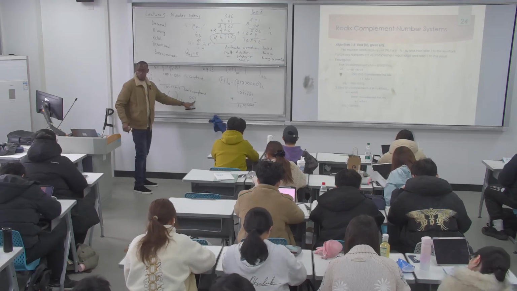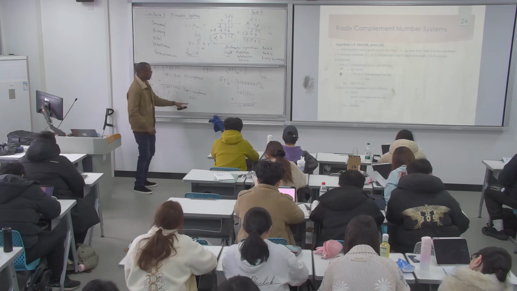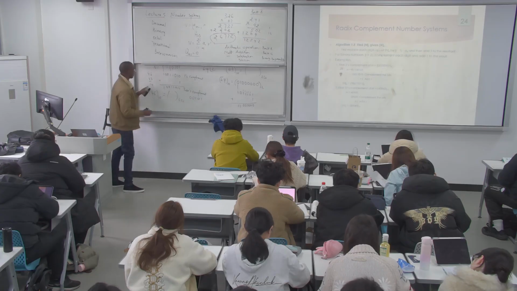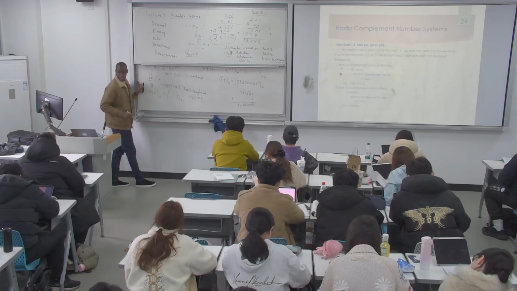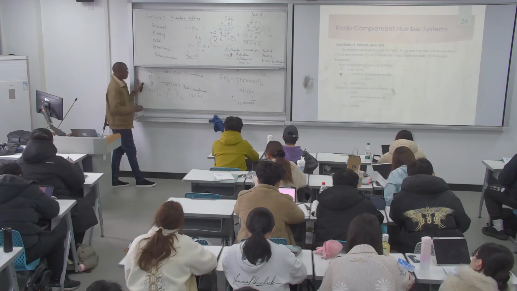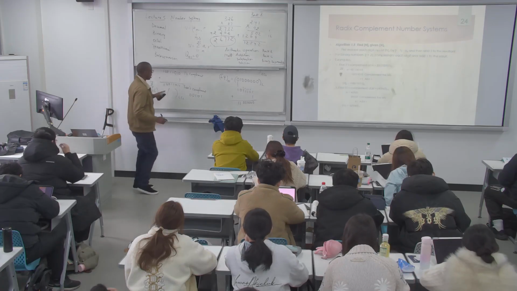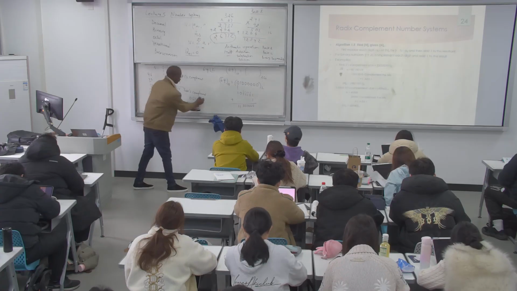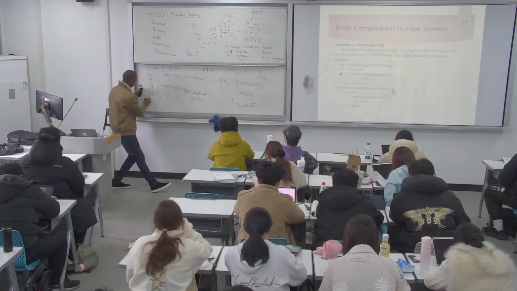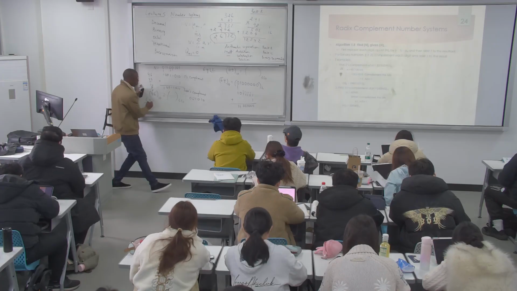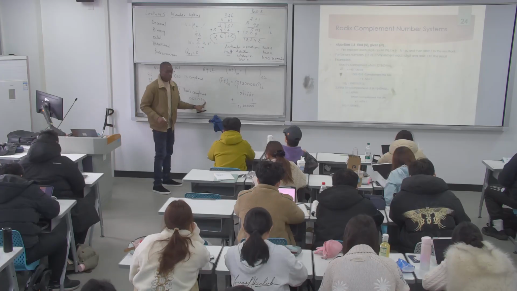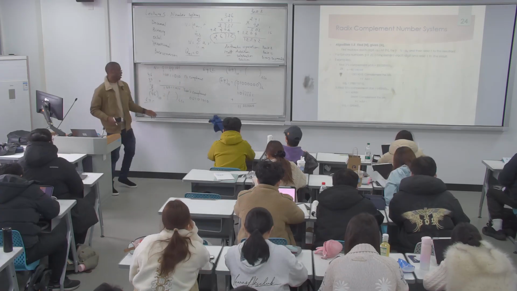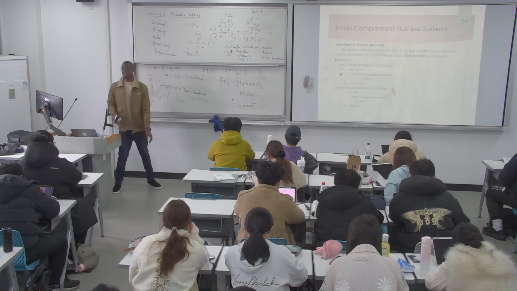So I have 32. There is no 16. I have 8. So 14 minus 8, how much is left? 6. Okay, good. I have 8. Do I have 4? Yes, 4. 6 minus 4 is 2. Do I have 2? Yes, 1. I don't have any more. Clear? Then you just got 46's representation in binary.